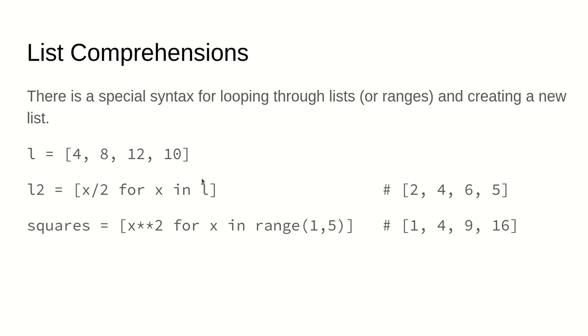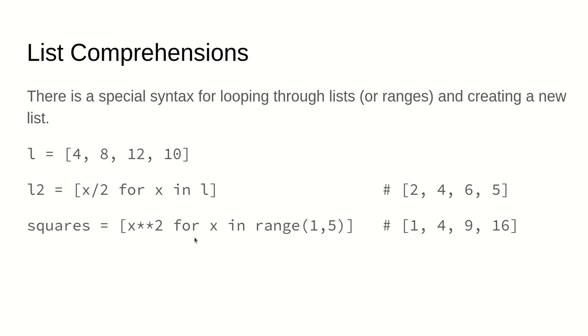That's where the 4 here comes from. Then x is equal to 12, and it's doing 12 divided by 2, and that's why the third item in our list is 6. Then x is equal to 10, and 10 gets divided by 2, and that's why the last item in our list is 5. Because there are no more items in the list, this loop finishes, and we come away with a new list right away on that line.